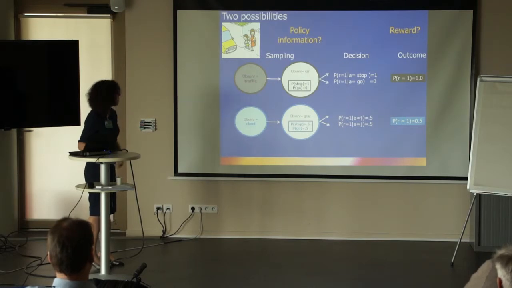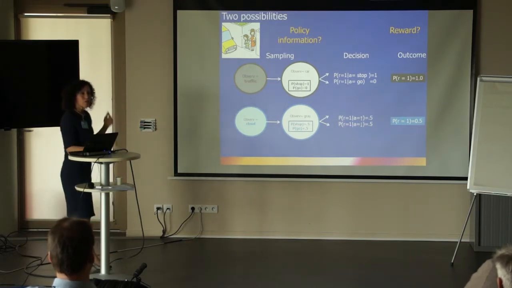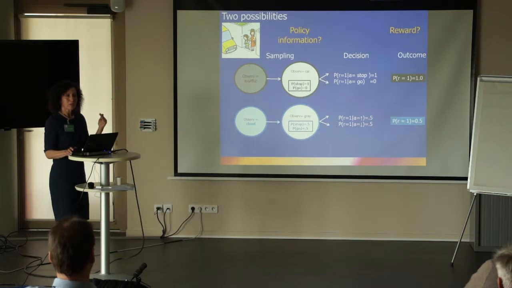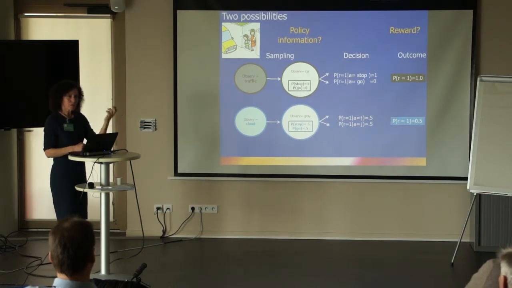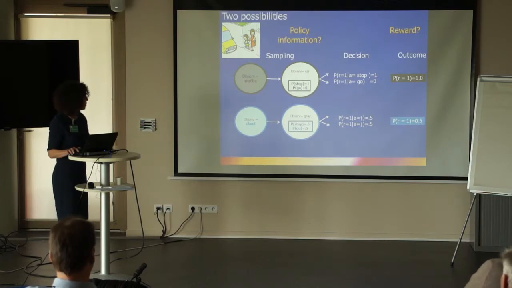Another possibility is that there's another thing that distinguishes these two stimuli, in that the traffic reduces the uncertainty in your decision, so it gives you policy information, right? If you had two equally likely actions a priori, the observation of the traffic has reduced this to one, so it has really reduced your uncertainty about which action to take, whereas the cloud does not.